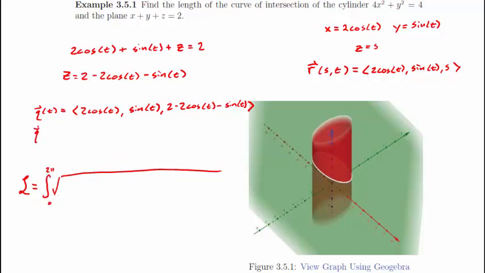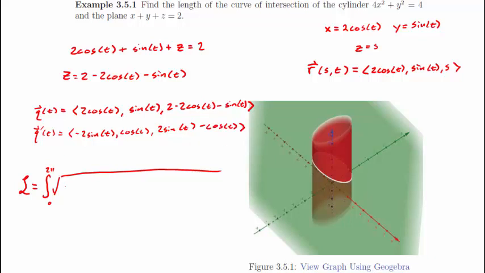The derivative q prime of t, which is negative 2 sine of t, cosine of t, comma, positive 2 sine of t minus cosine of t.